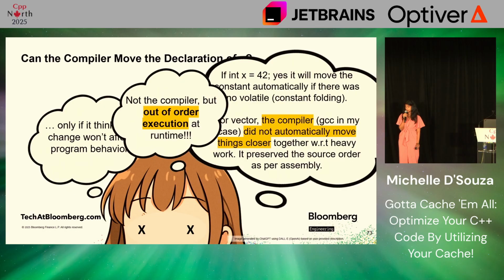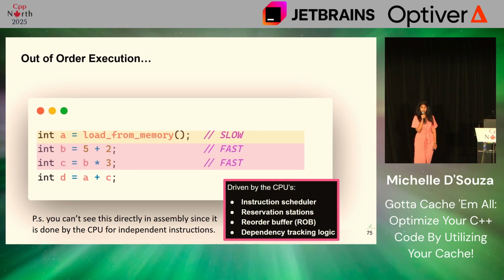It's the CPU. During runtime, there is out-of-order execution being done by the CPU itself. What that really means is if you have a set of instructions, so I'm essentially declaring A, but it's being loaded from memory and it is super slow, that can be done simultaneously with int B and int C being calculated by the CPU itself.